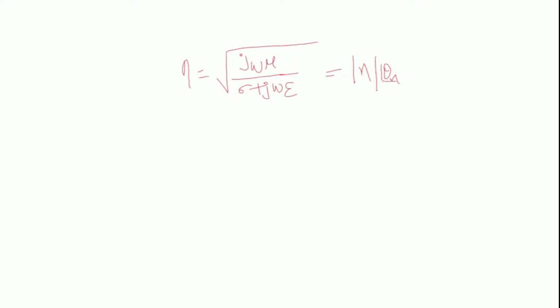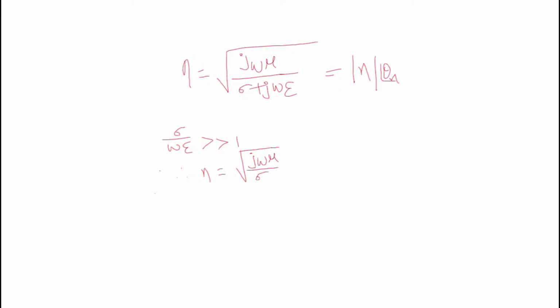Now, as you know, sigma by omega epsilon is greater than 1. This j omega epsilon term can be neglected. Therefore, neta is equal to under root j omega mu by sigma.